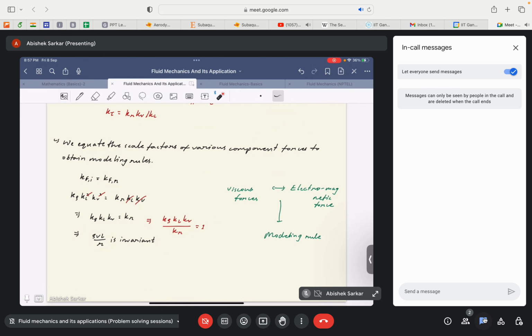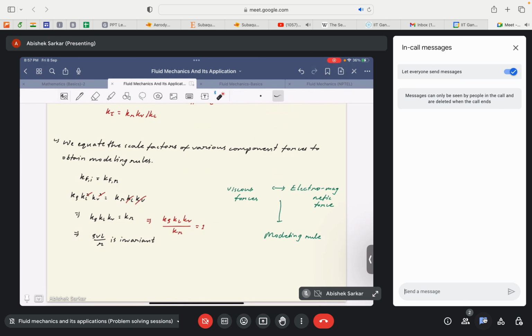Similarly, various problems will have different modeling rules that we need to find out by understanding the actual driving forces, and then finding the modeling rule, which will indeed give you a non-dimensional number, which will ideally be a well-known non-dimensional number.